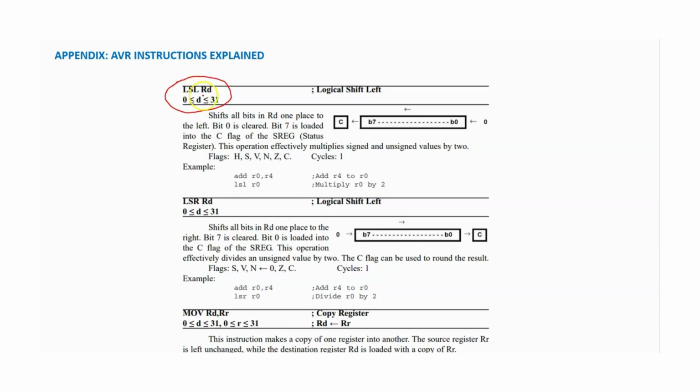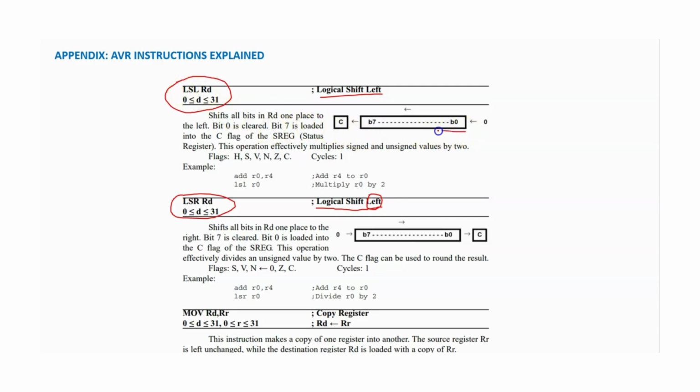One is LSL, which is the logical shift left instruction, and another one is LSR, which is logical shift right. Sorry, this is a printing mistake. Actually both are similar, but the difference is that this instruction shifts left.